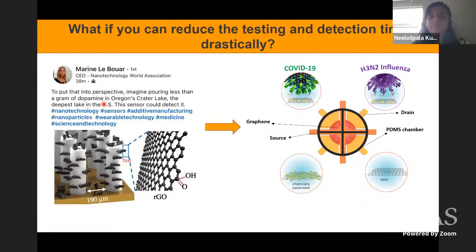If we have a very low limit of detection, that means we will be able to test people earlier. And if we have a faster detection mechanism, we can get the result on time. That also means the patient will have the option of getting treated earlier or faster.